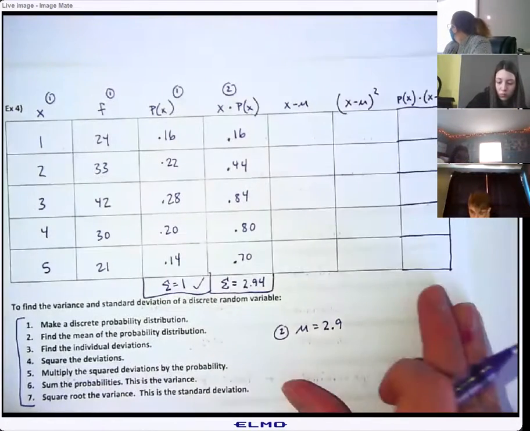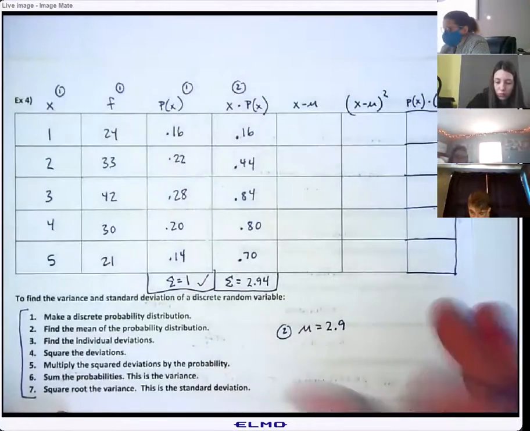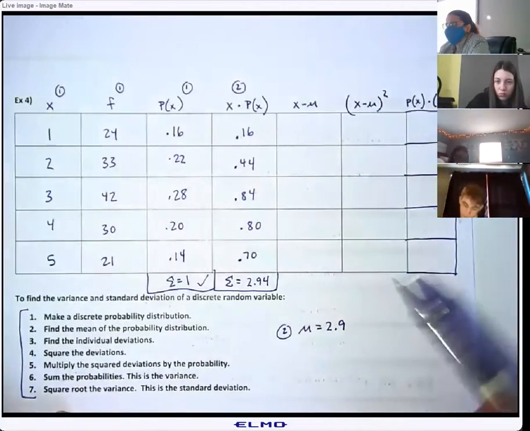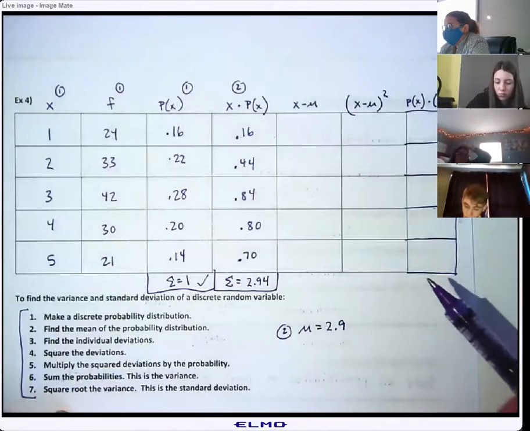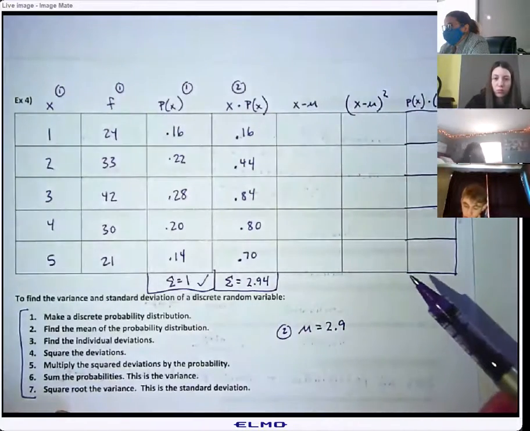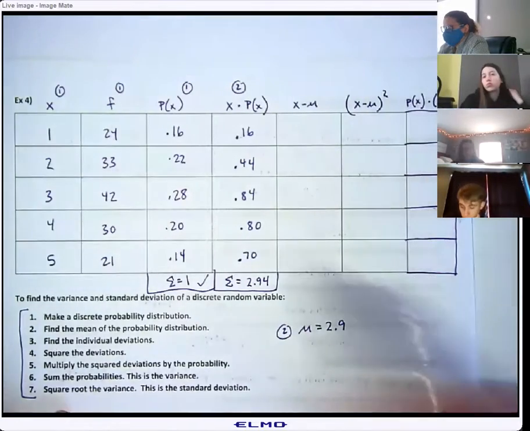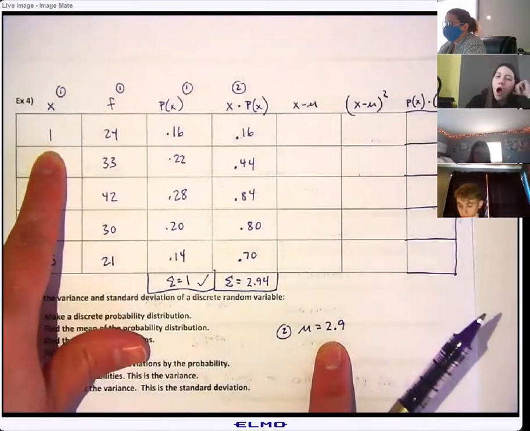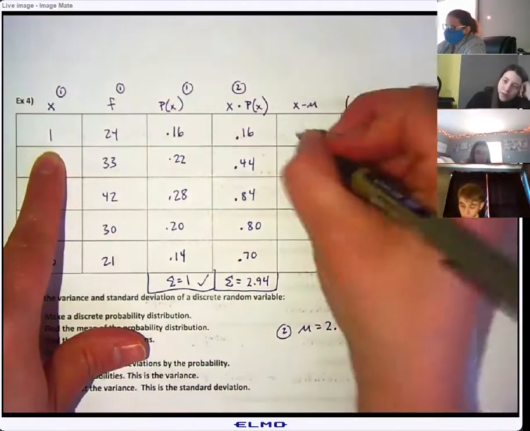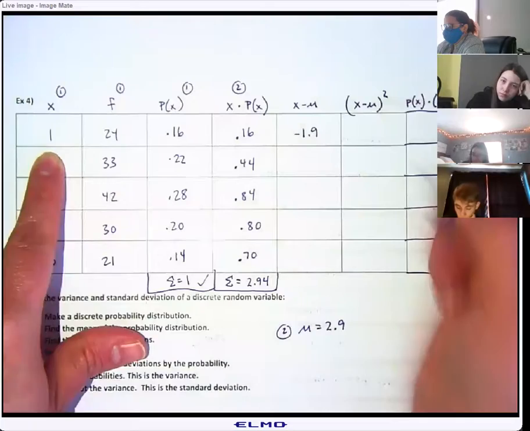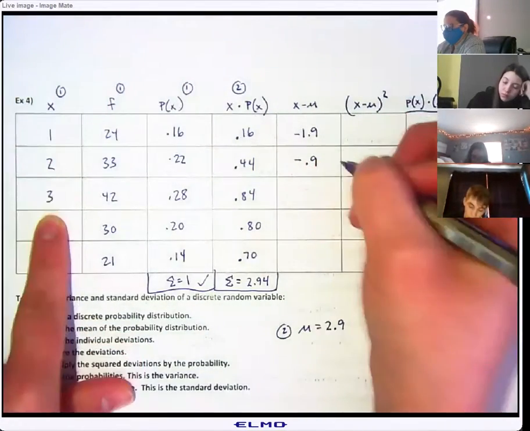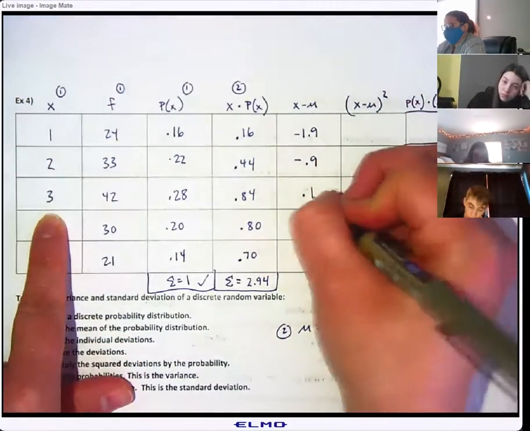Remember, which one is your x? The first column. So we're going to take 1 minus 2.9 for this first one, and then 2 minus 2.9, 3 minus 2.9.